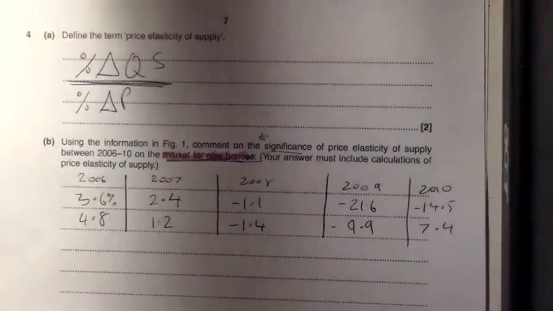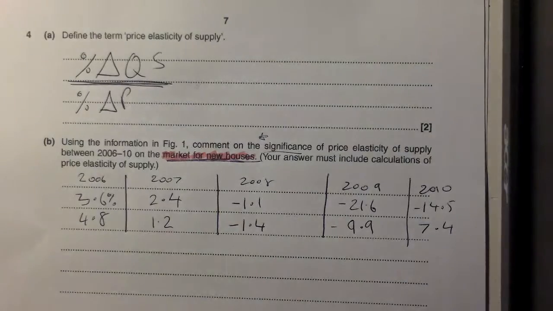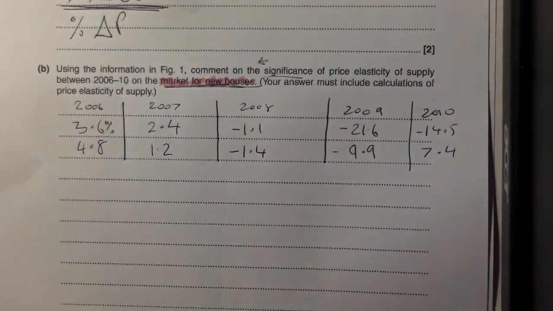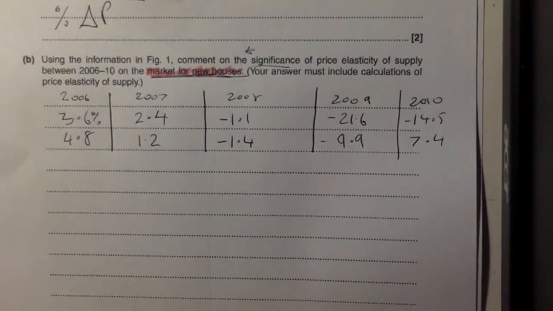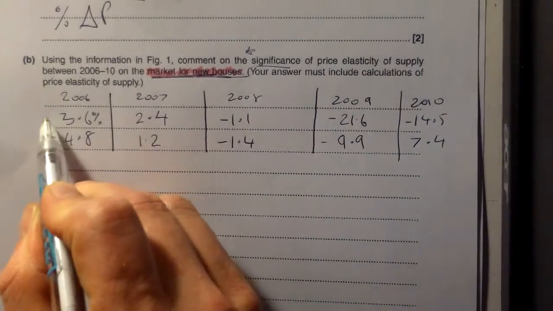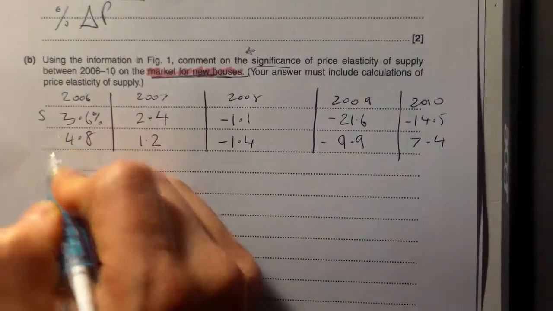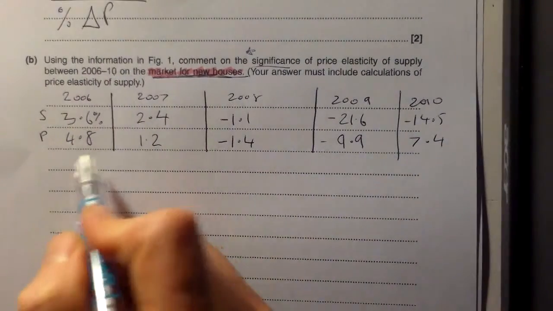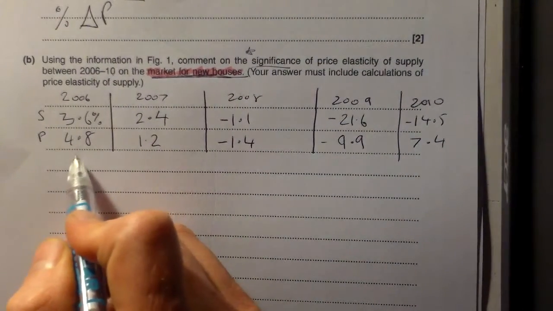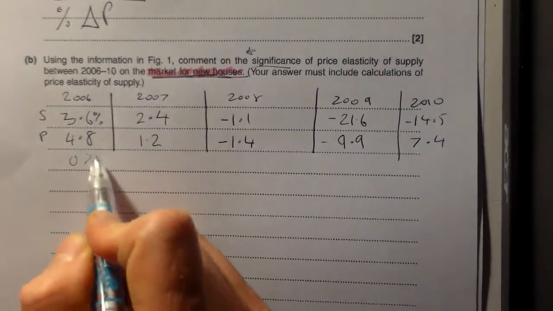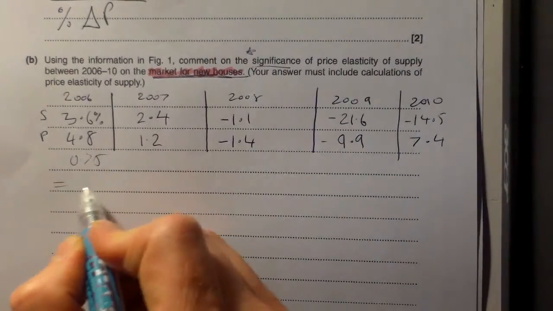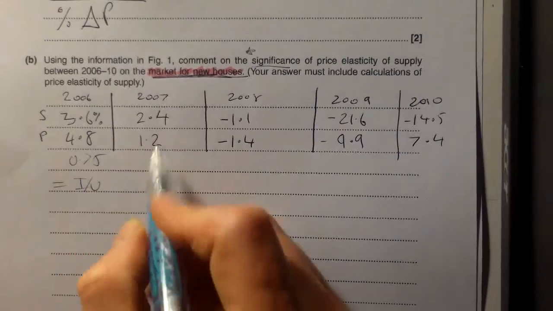So initially, we'd put the data into the table and we'd calculate this in terms of the percentage changes in quantity supplied over the percentage changes in price. 3.6 over 4.8 is going to give us 0.75. So this will be interpreted as inelastic or unresponsive.